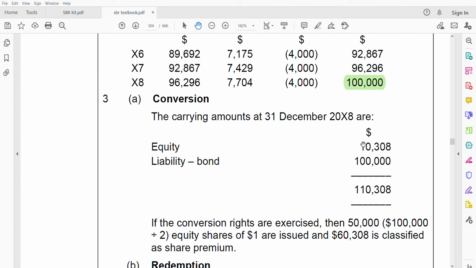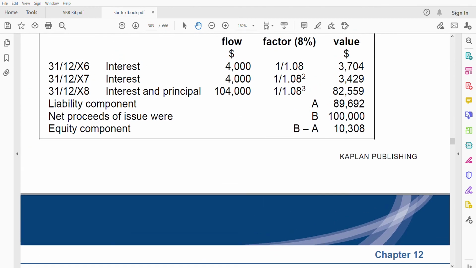This was the equity. This was the liability, the bond. Okay. So with this 100,000, you add this equity, 10,308, which you have got in working one.